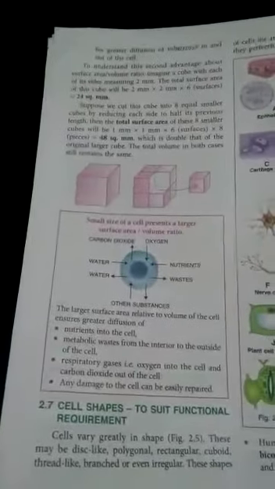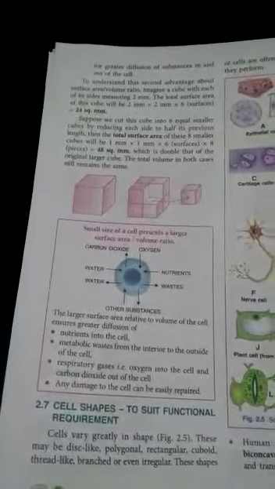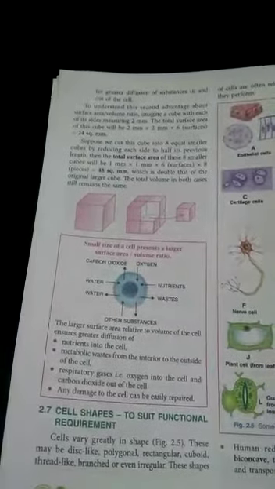Now, this small size of cell is very useful for animals. There are some important things which are carried out due to this small size of cells. Number one, this small size of cells helps in diffusion of different things through the cell rapidly.